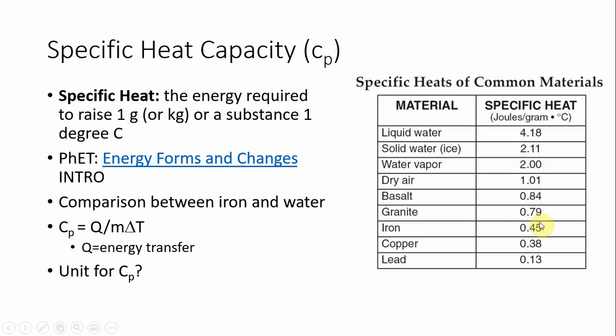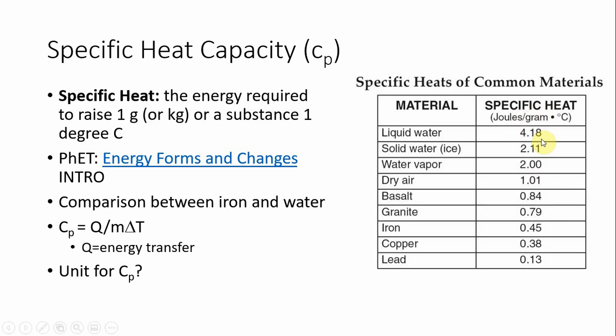And so we're going to look at an example here. We're going to compare iron and liquid water. So liquid water, this 4.18 joules per gram degrees Celsius, is going to be something that we come back to over and over and over. The specific heat of water in grams is going to be an important constant that you'll use in your problems. So we can see that this is almost a 10-fold difference between iron and liquid water.